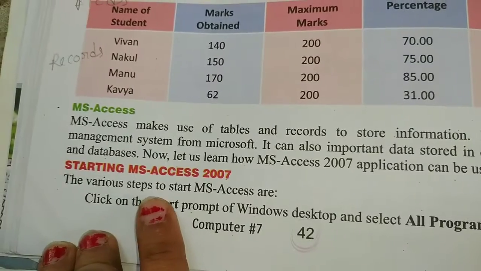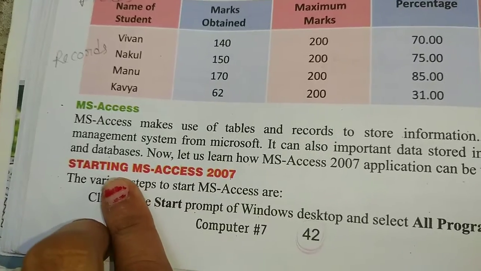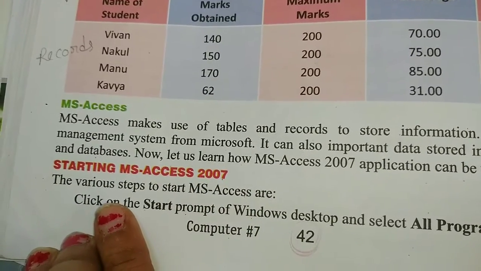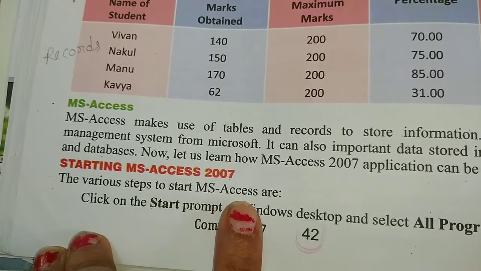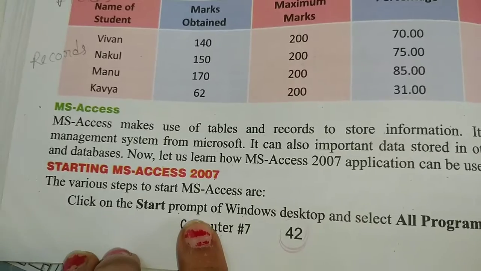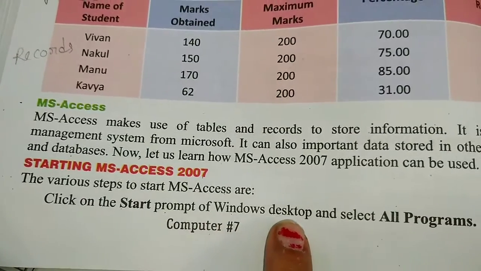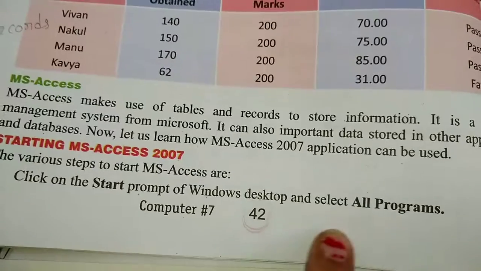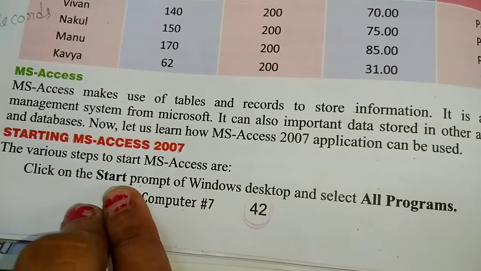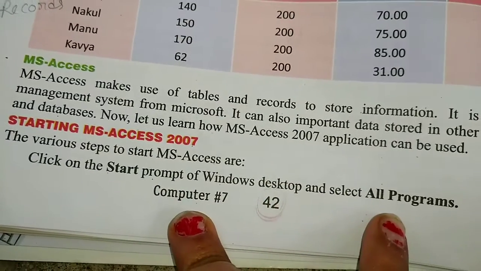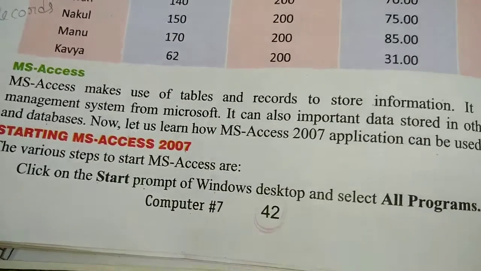Okay, we are going to learn how to open or start MS Access 2007. The various steps to start MS Access are: click on the Start button of the Windows desktop and select All Programs.